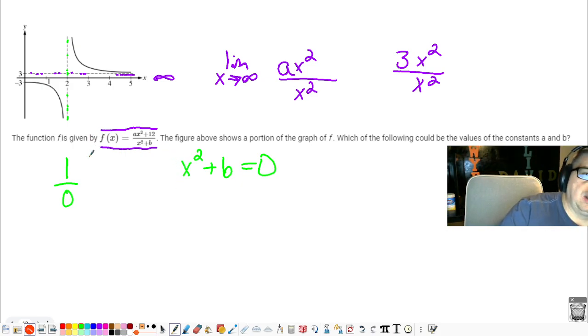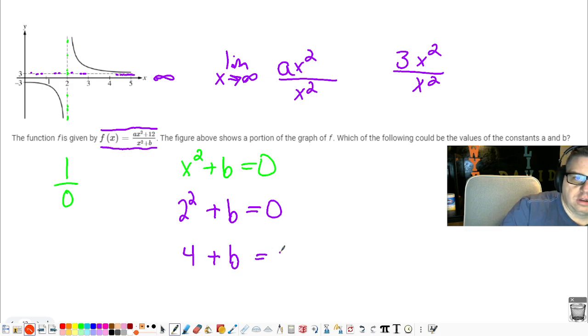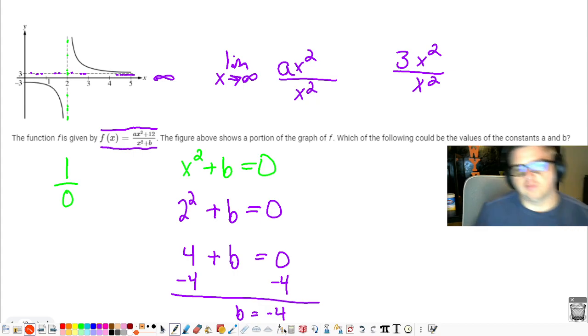And do we know what x value we're looking at? Well, we're looking at 2. So could we plug 2 in there to be undefined? 2 squared is 4, goes to 0. Then to solve for b, we would subtract 4 on both sides, and our b value comes out to be -4.